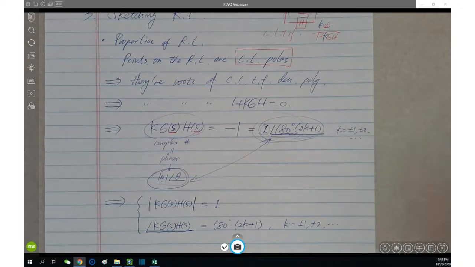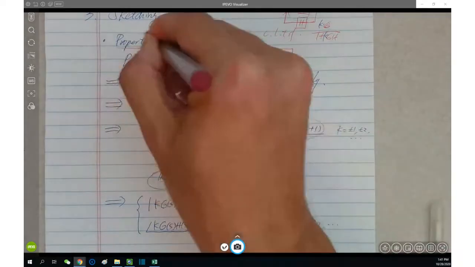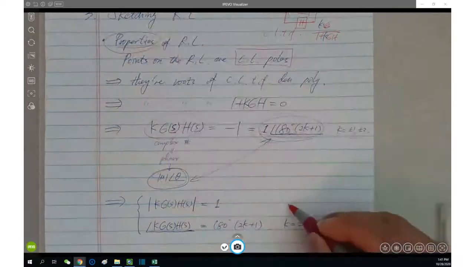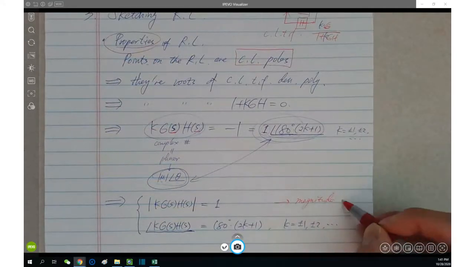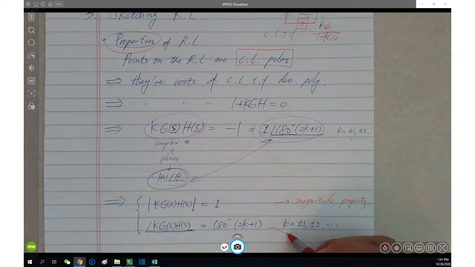So here, the so-called properties mean the magnitude property and the phase property.